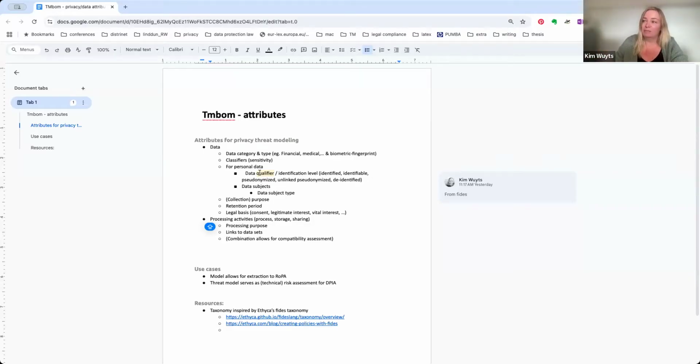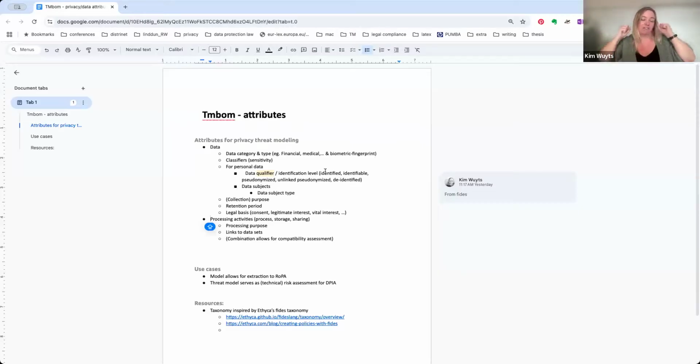And that's something I got a bit inspired by the work from Ethica. They have this open source taxonomy on privacy, where they also have this sort of classification. They have data subjects, data categories, and in one of their blogs, I also found the concept of data qualifier, which means that you can also specify the level of de-identification.